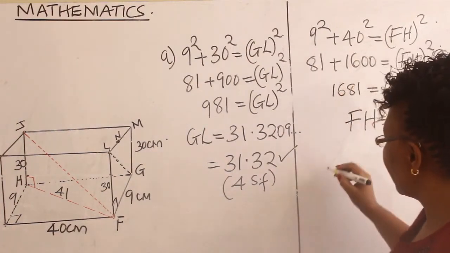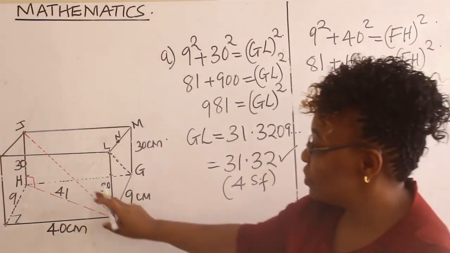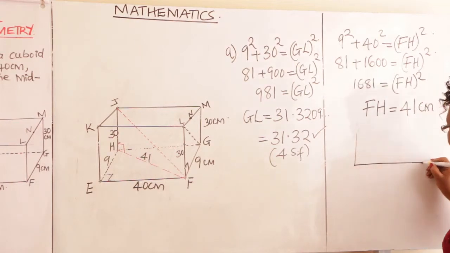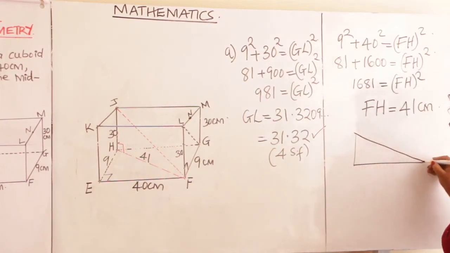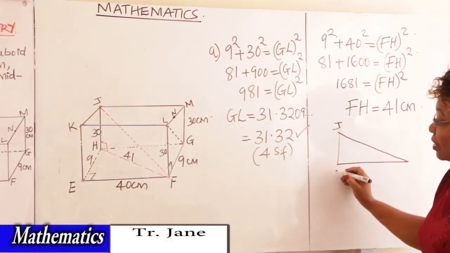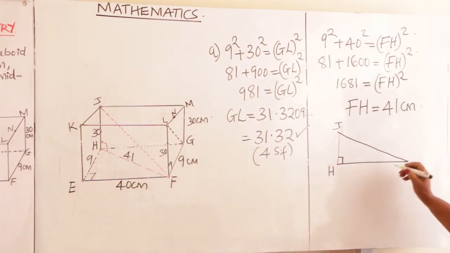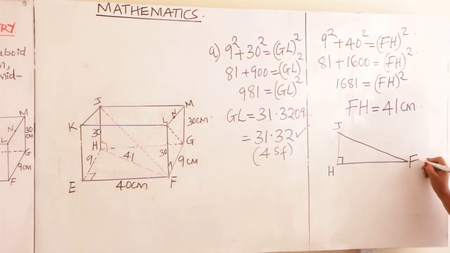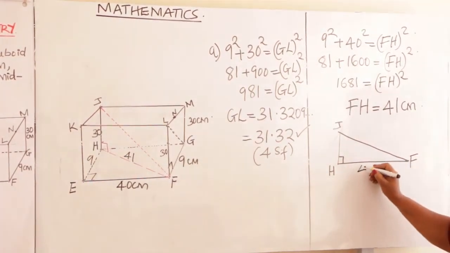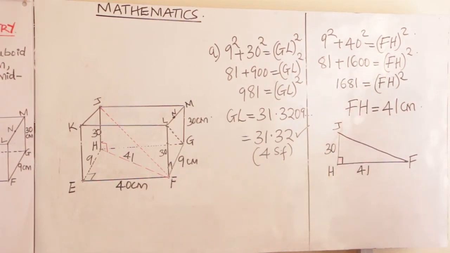So, using our triangle here, we want to get FJ. We can even extract that triangle so that we can see it clearly. This is J, this is H, this is a right angle, and this is F. Here, we have calculated the diagonal is 41, and the height is 30 centimeters.